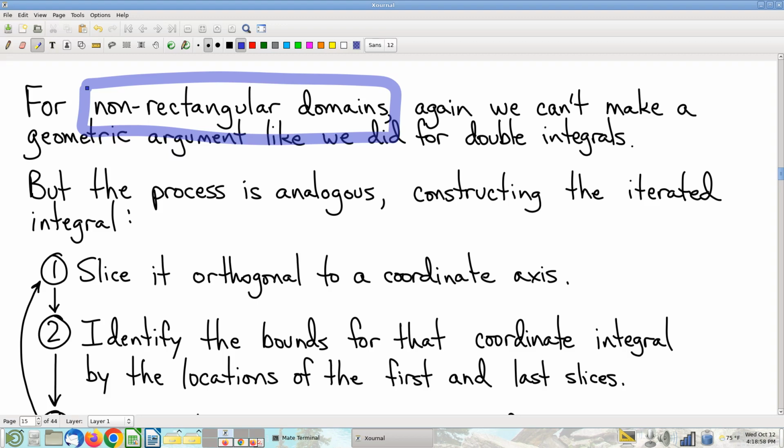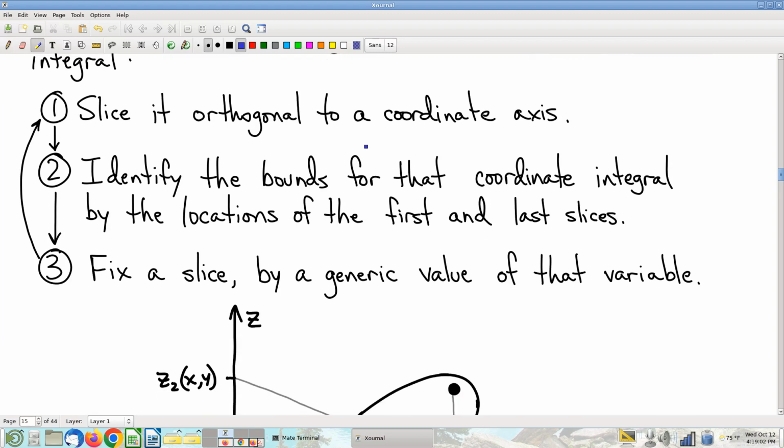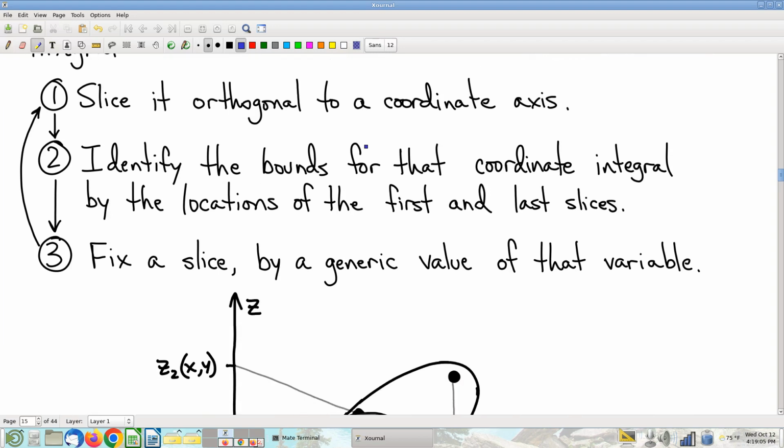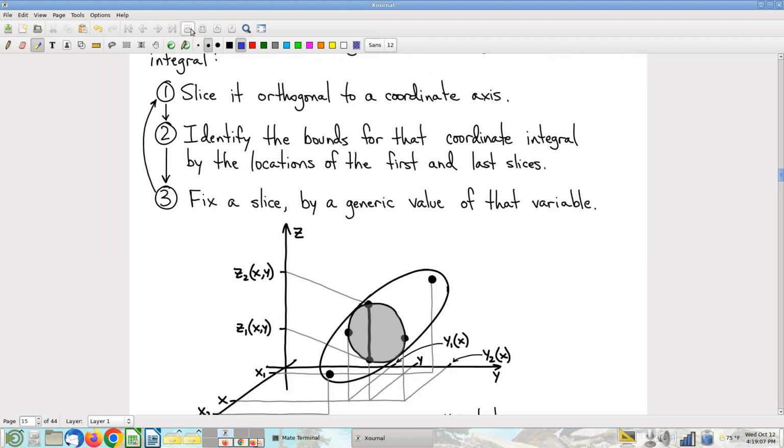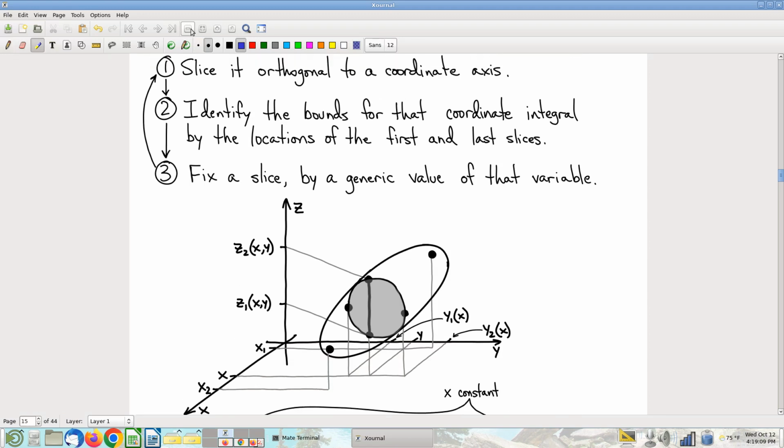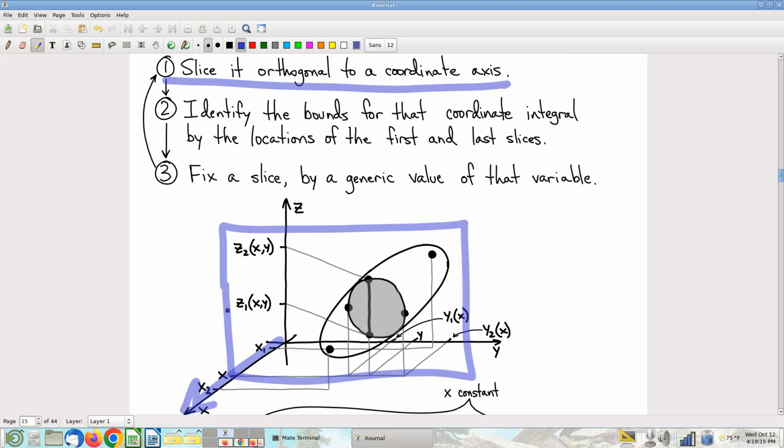But what I can do is assert and hope that you're willing to believe that, again, it's all about just the domain, and it's all about the same process of slicing orthogonal to a coordinate axis. Here we're going to slice perpendicular to the x-axis first, no particular reason.